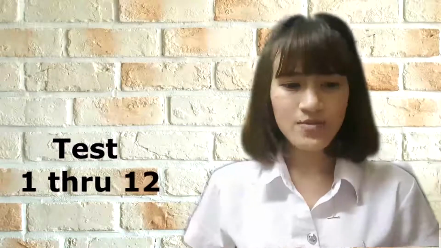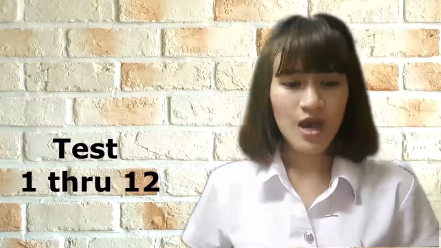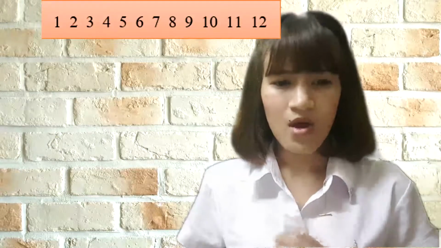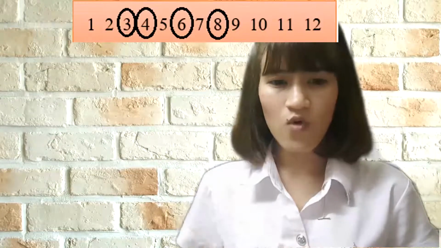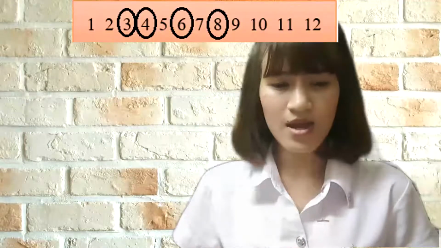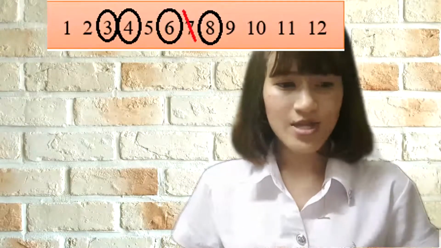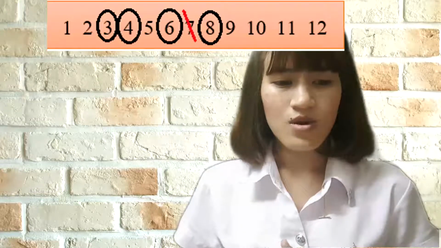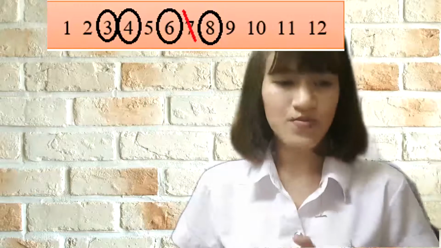And since half of 24 is 12, we just need to test the numbers 1 to 12. To keep things organized, let's list the numbers we're going to test. And we'll circle the factors that we already know: 3, 4, 6, and 8. We can also cross out the 7. We already tested it and found out it wasn't a factor.